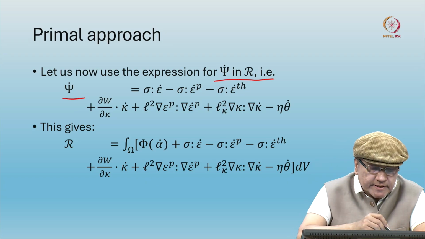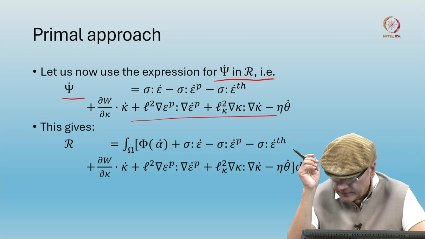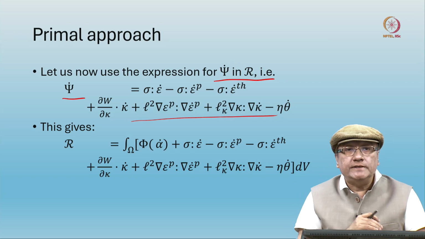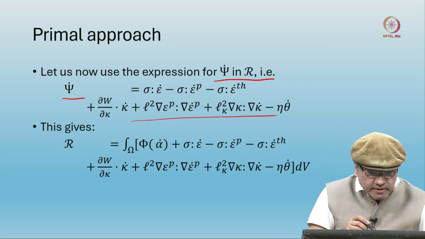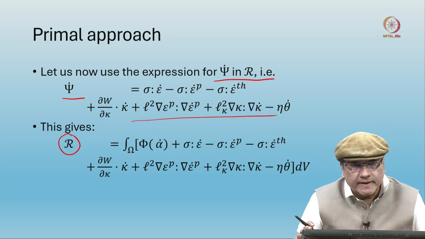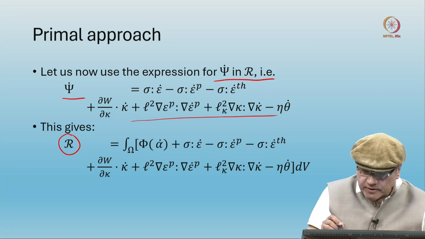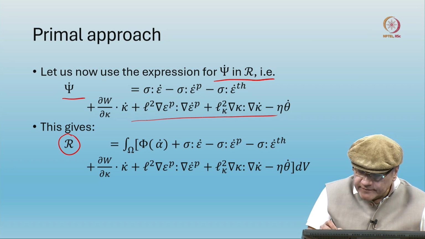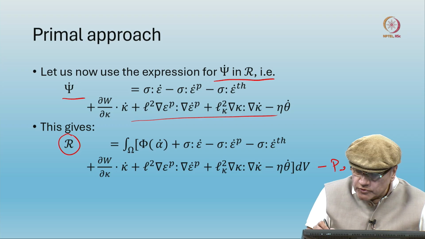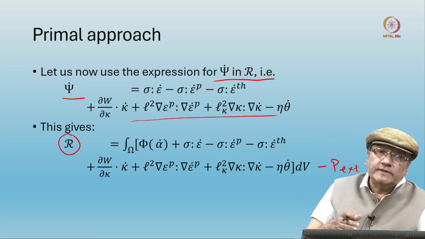This is the expression for the derivative of the free energy. Now this psi dot has to be put in that global variational functional R. Let us put P external back, because it should be there.